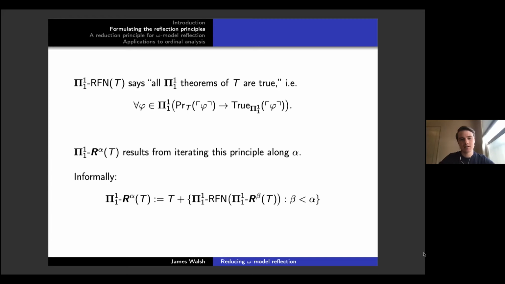I won't give the technical fixed point definition, but using the fixed point lemma, we give a definition of theories of alpha iterated pi11 reflection over T. Informally, alpha iterated pi11 reflection over T is T, and then you add in the statement that beta iterated reflection is pi11 sound for all the beta less than alpha.